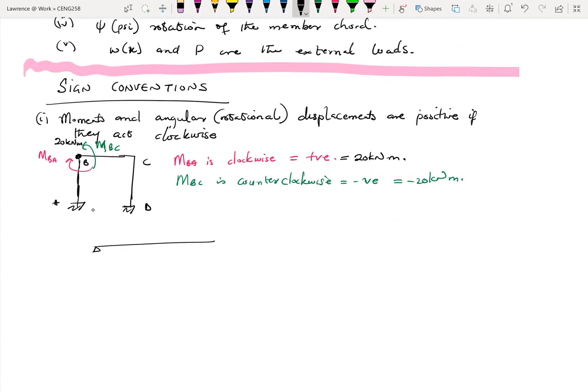Now let's look at a beam that is undergoing some deflection. Let's look at a deflection like this.